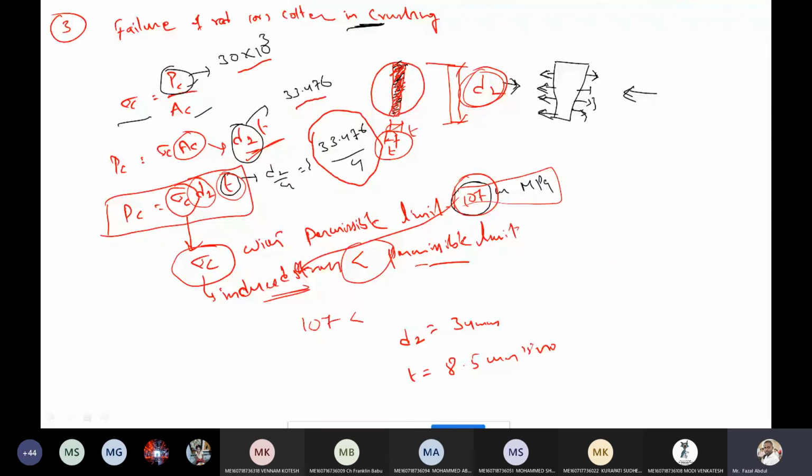So what we have to do? Separately, we have to calculate the D2 value and T value.